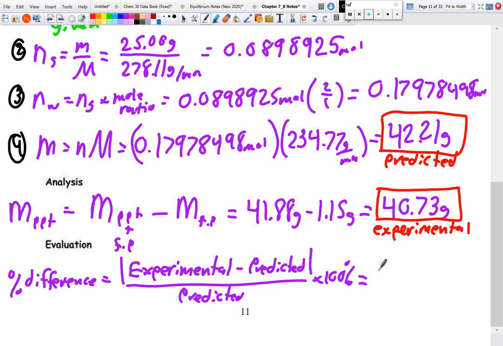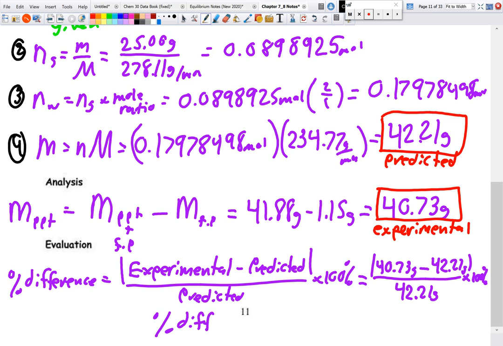And putting that in, that means we have 40.73 grams minus 42.21 grams, all over 42.21 grams, times 100%.